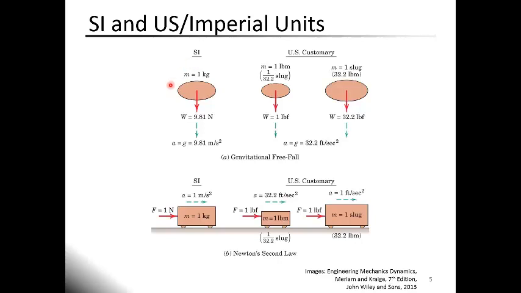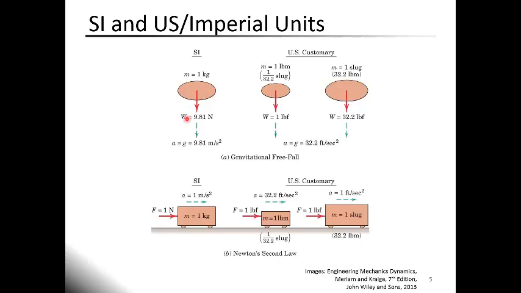If we look at the first part of the figure, the left-hand side, we have a gravitational free fall. If we have a mass of 1 kilogram, and we set it free to fall freely from a specific height near the surface of the Earth, it is influenced by the gravitational acceleration.